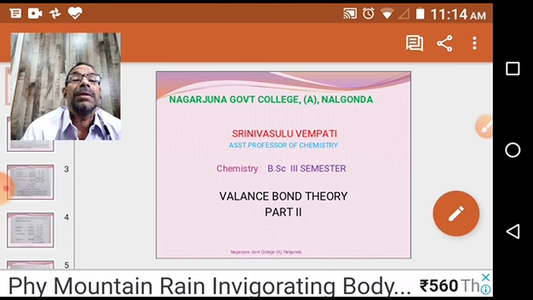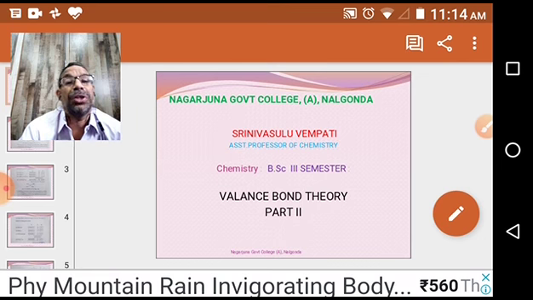Then, hybridization decides the geometry of the complex. The ligand should have at least one lone electron pair on an atom, and it is capable of donating this electron pair to the central metal atom to form a coordination bond.